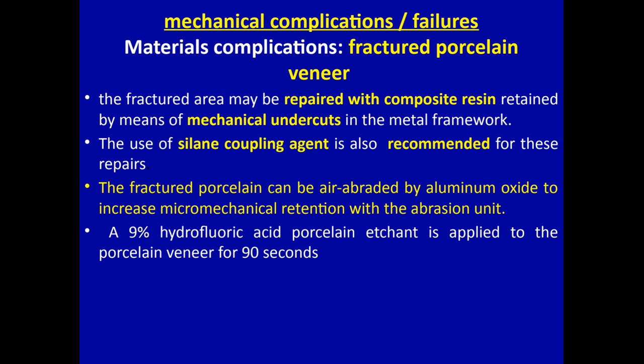Then we can use mechanical undercuts, mechanical retention like perforations, like holes. We can use air abrasion by aluminum oxide to increase the mechanical retention, or we can use 9% hydrofluoric acid to etch the glass ceramic only and not the zirconia.